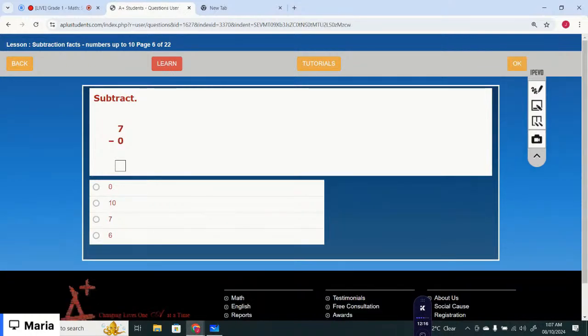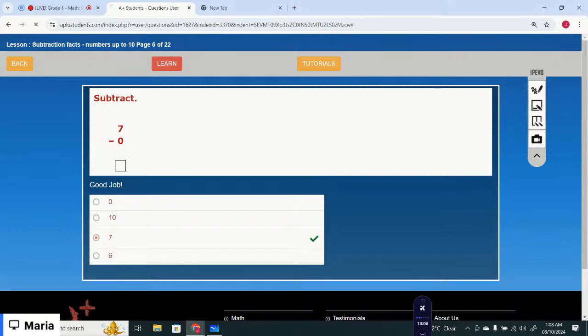Okay. The next one is seven take away zero, so which is the correct option? That is, seven take away zero is seven. So when you subtract zero from any number, the number stays the same.